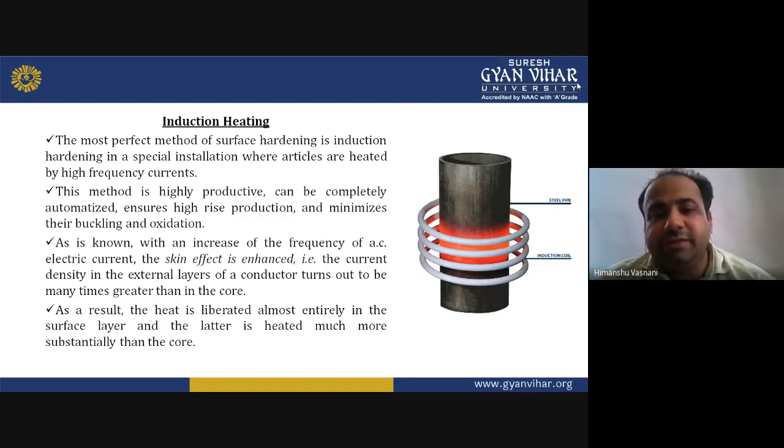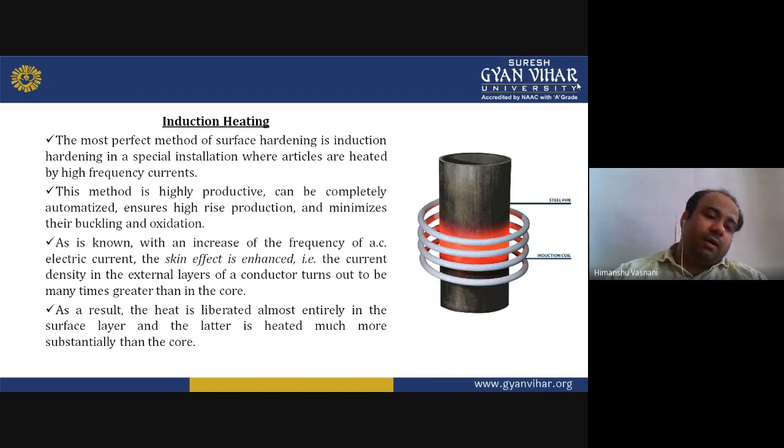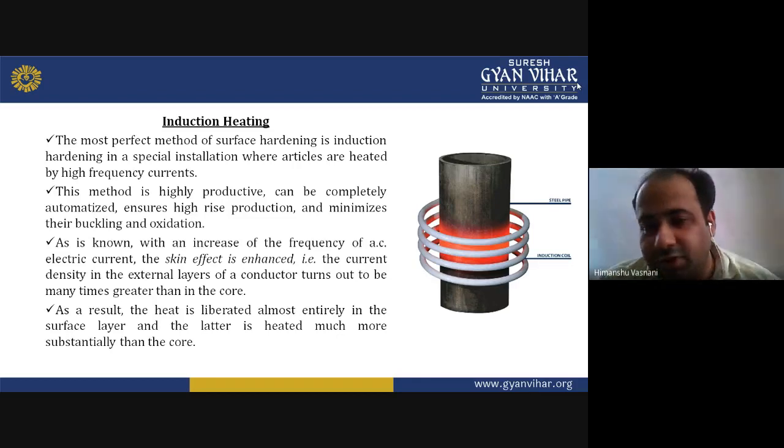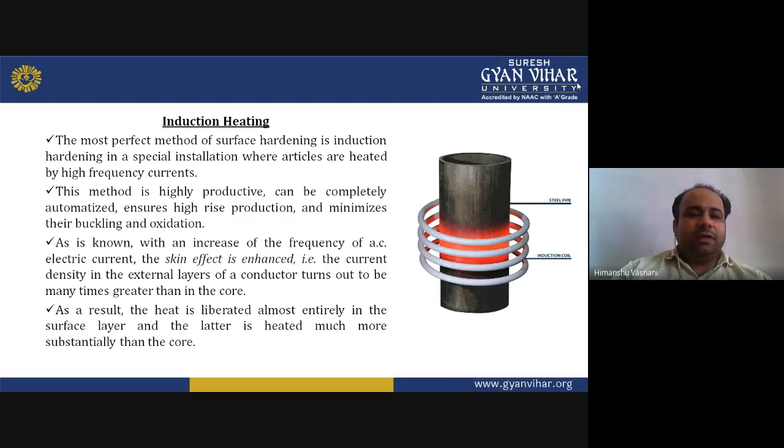So these are the advantages of induction heating: it is highly productive, it can be automatized, it will give you a high rise in production, and it will also minimize buckling and oxidation. With an increase of the frequency of AC electric current, the skin effect is enhanced, that is, the current density in the external layers of the conductor turns out to be many times greater than in its core.